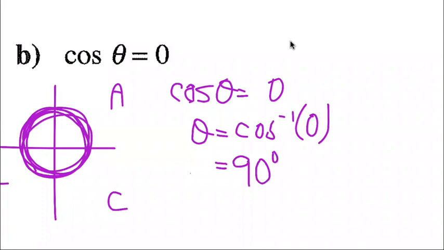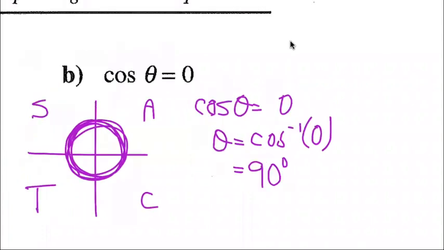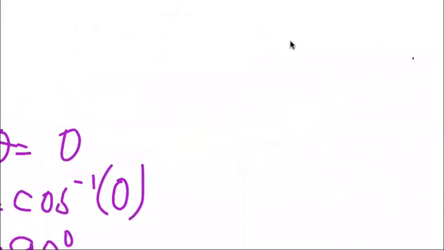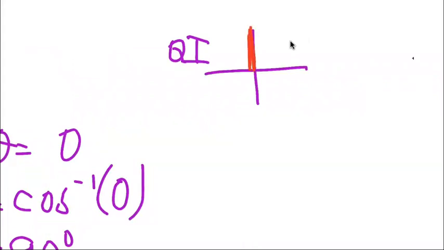Second function cosine 0 is 90 degrees. Now I look in quadrant 1. My reference angle of 90 degrees would be right here. My rotation angle, 90 degrees. Because that's really what these questions are asking for, what the rotation angle is, and you have to get there via the reference angle.